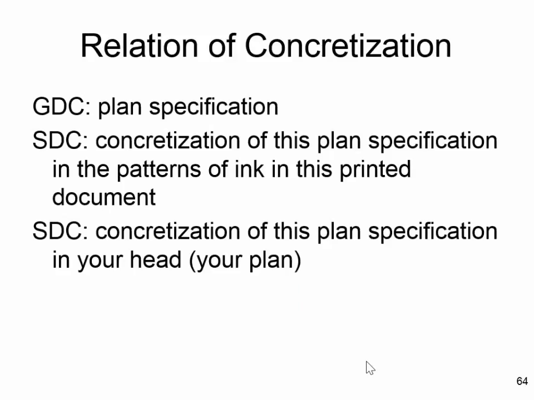We have GDCs, which are generically dependent continuants, and SDCs, which are specifically dependent continuants. We have, for instance, a plan specification. So I write a plan, a protocol for a certain kind of assay, which I'm going to perform in a certain lab. The plan specification gets concretized in patterns of ink on my piece of paper where I write down the plan.